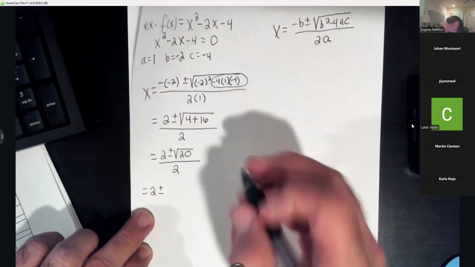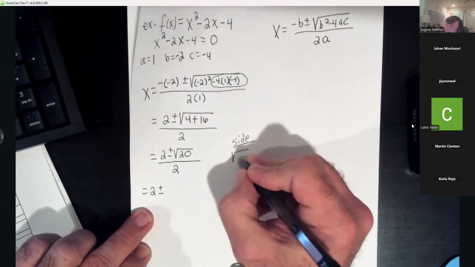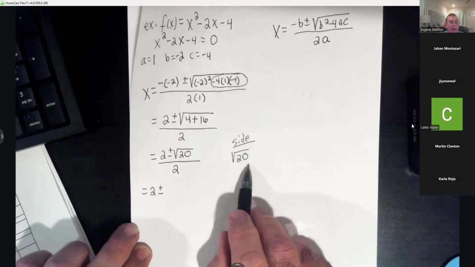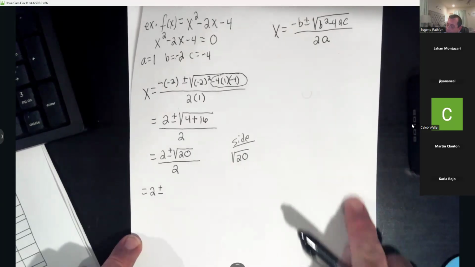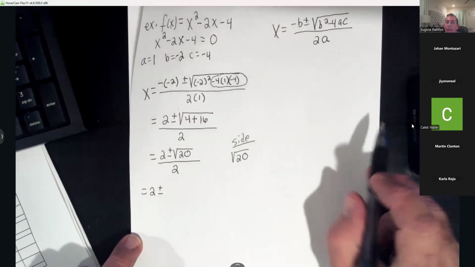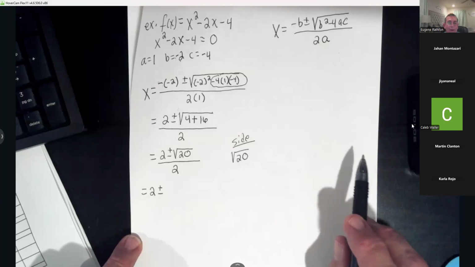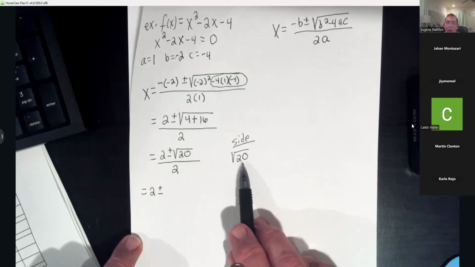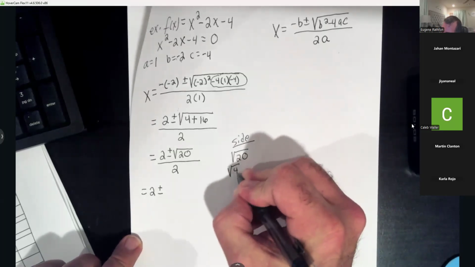So y'all on the side, let's do some side work. We need to see if we can simplify this square root of 20. So y'all remember them perfect squares I had a while ago? 4, 9, 16, 25, 36. But the perfect square that was a factor of 20 is going to be a 4.